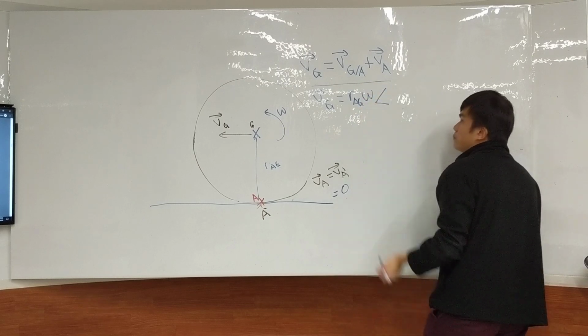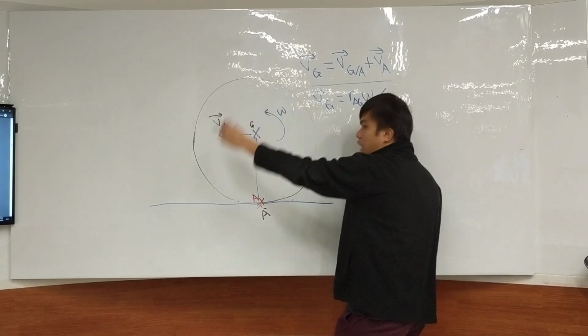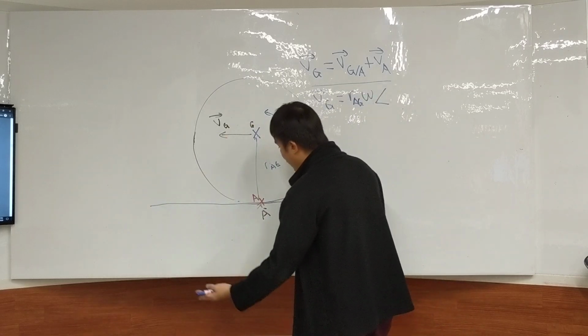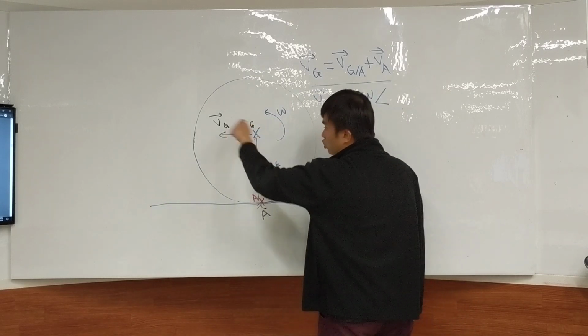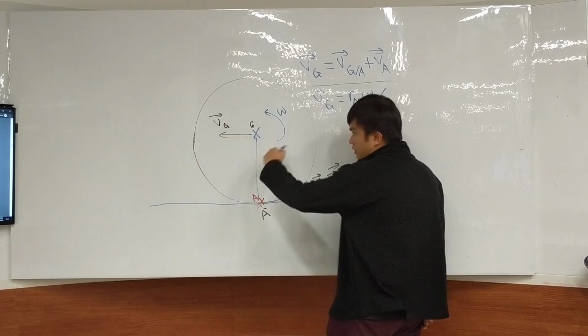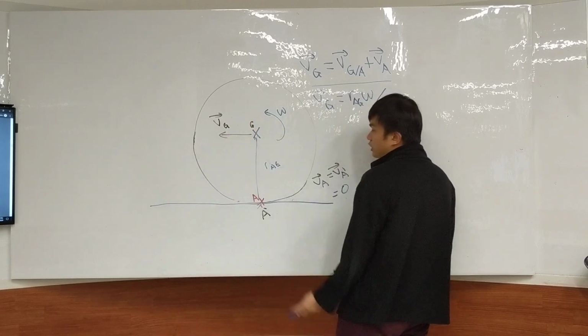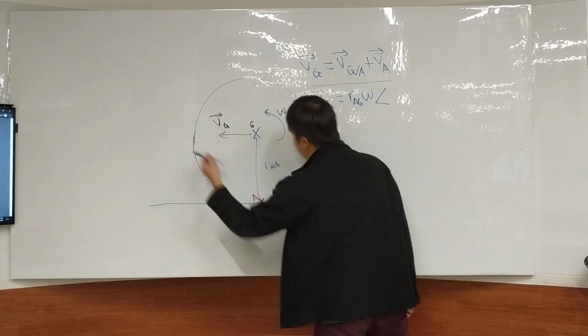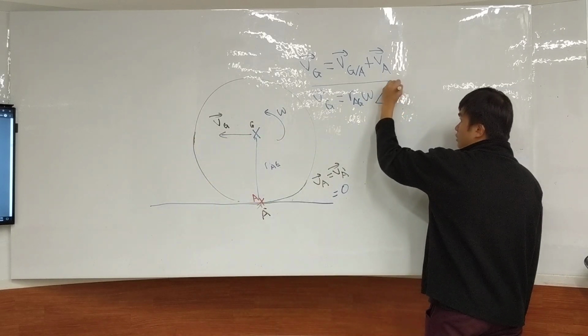How about the direction? Because this body is going in a counterclockwise direction, omega is counterclockwise, so from A's perspective, G is going in this direction. So the velocity of G from A's perspective is going here. This direction is 180 degrees.